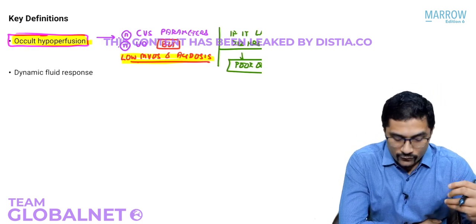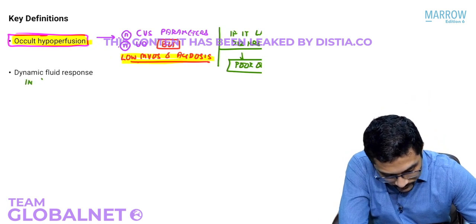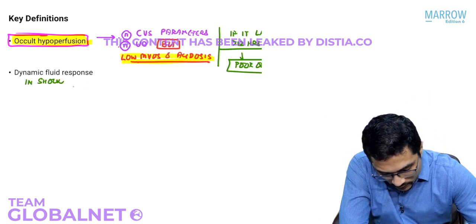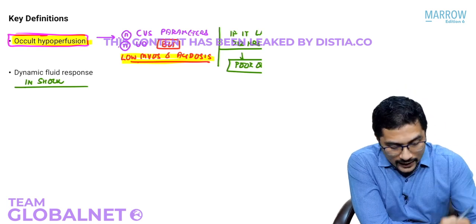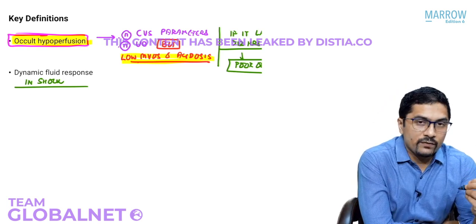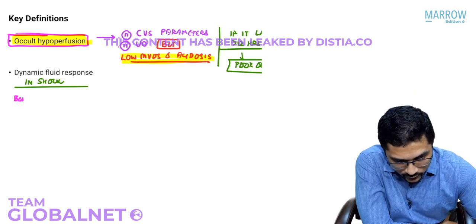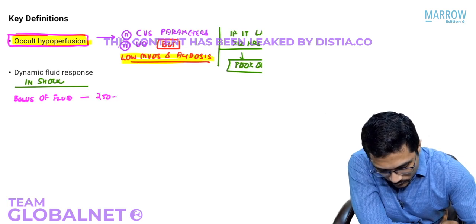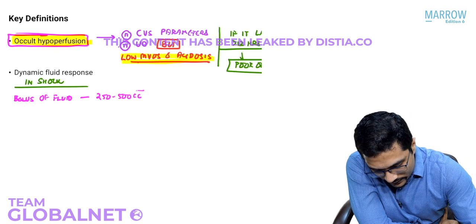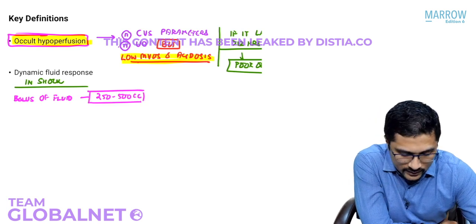What is dynamic fluid response in shock? So any patient with shock, we've discussed that we have to give fluids to these patients. And whenever we get a patient with shock, we give a bolus of fluid, which is 250 to 500 cc bolus we give as soon as we get this patient.